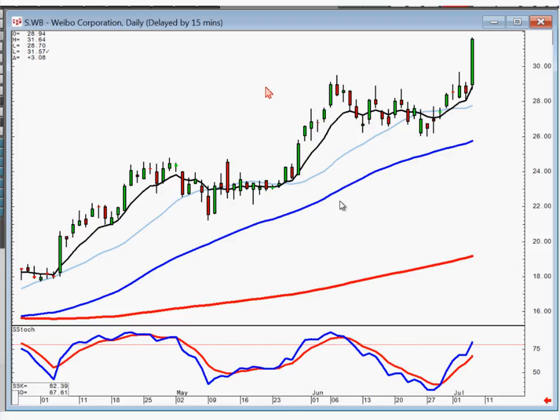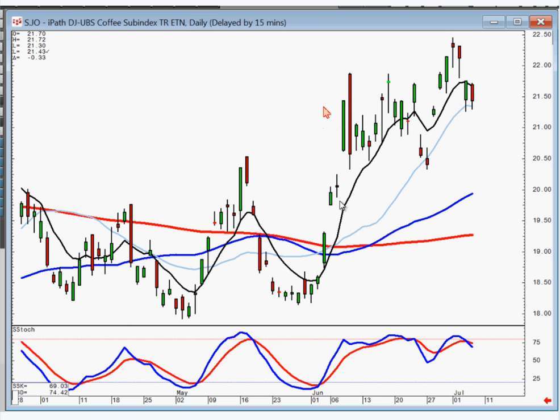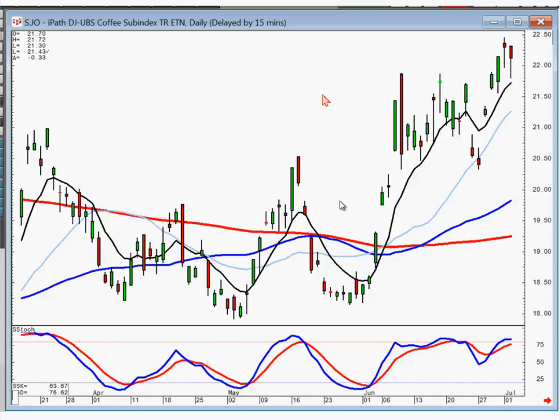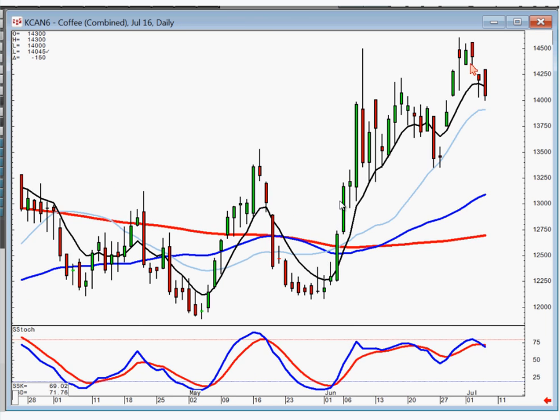Yeah, sometimes T-Bing is showing that some of these ETFs might have spreads because their volumes might not be great. This is coffee, whereas coffee itself, as far as the July contract, gap down, it might be a short.